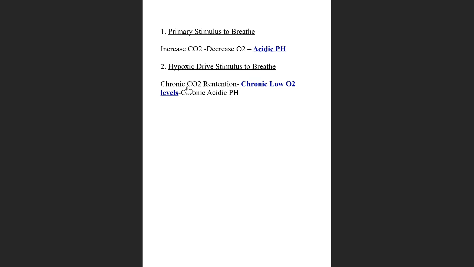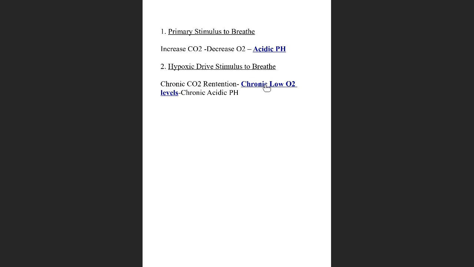Now, what the hypoxic drive is responding to is this: it is responding to the low level of oxygen. In other words, that is the patient's stimulus to breathe. Once it's a hypoxic drive, in effect, it is stimulated by low oxygen.